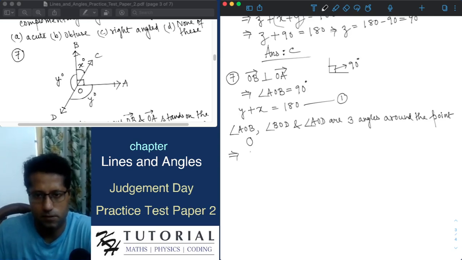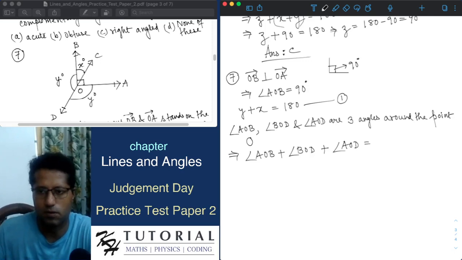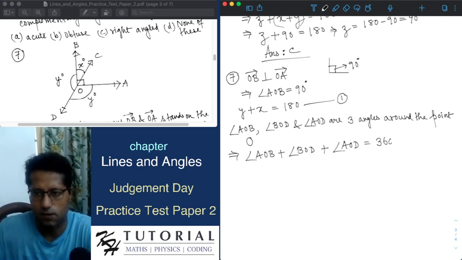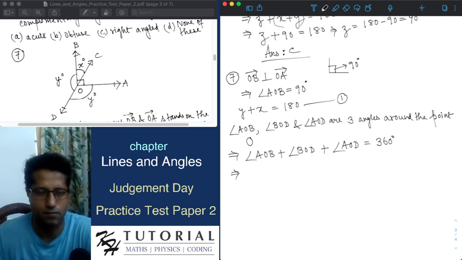So this implies angle AOB plus angle BOD plus angle AOD is equal to 360 degree. Now angle AOB is 90 degree, since OB is perpendicular to OA, it is obvious from the figure.